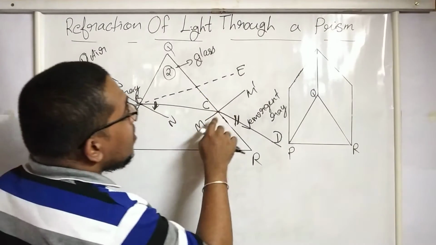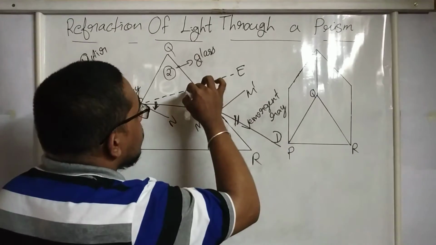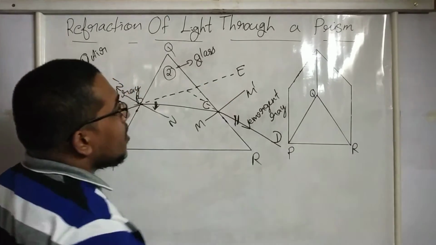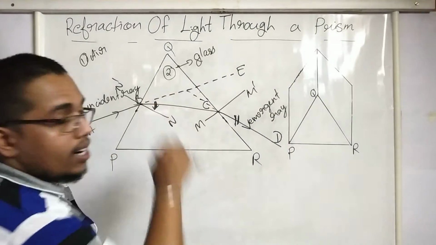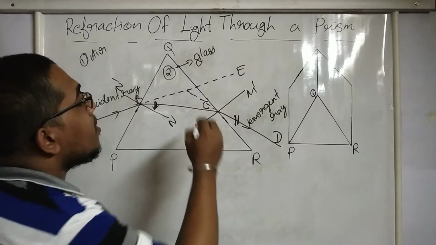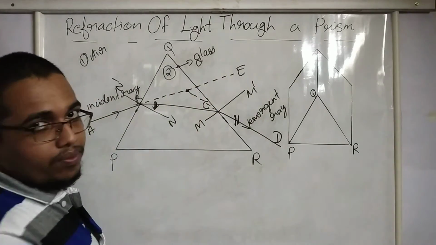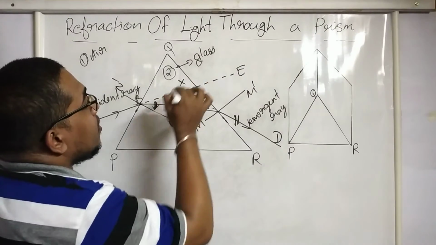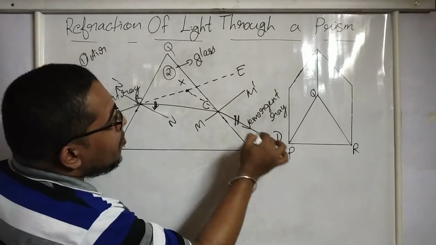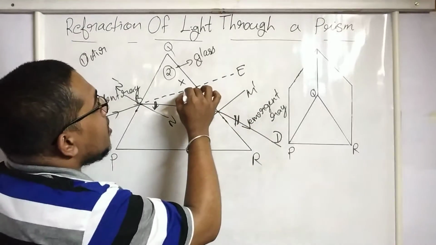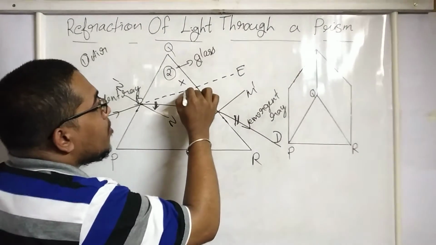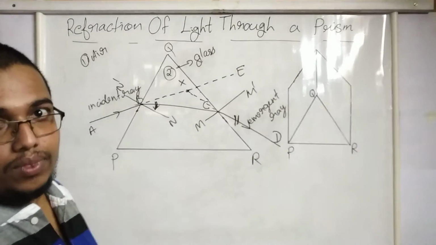Also we extend the emergent ray CD backwards using dotted lines, and these two extended lines meet at a particular point. You can call it X. So the incident ray AE and the emergent ray CD meet at this point X.